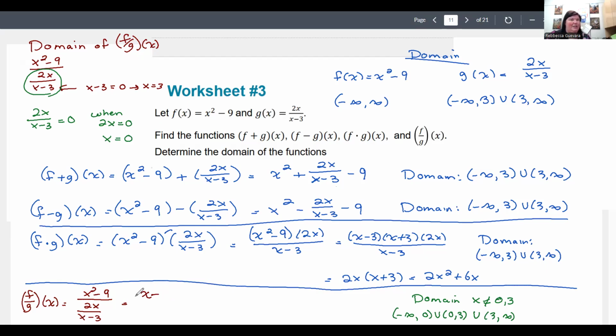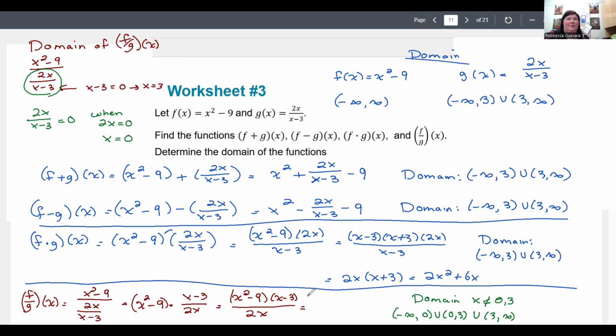We are taking a number and then we're dividing by a fraction. So this is, say, x squared minus 9, but we're actually multiplying it by x minus 3 over 2x. So this is really x squared minus 9 times x minus 3 over 2x.